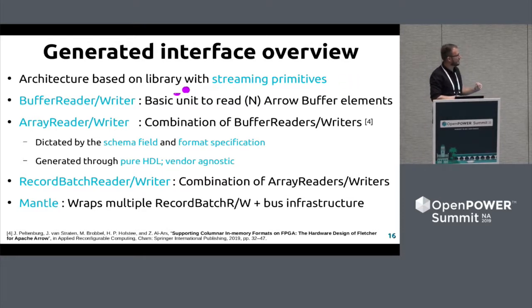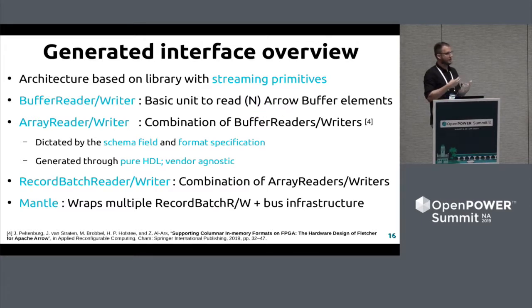Less fast, I'm going to go over all the other components in the framework. So we build it up from the ground. We don't use any vendor IP, so we had to do a lot of work. It should be able to run on any FPGA platform, basically. So we based the whole architecture on a pretty extensive library with streaming primitives, and then we use all those primitive components to build up what we call buffer readers and writers to read from the Arrow buffers, or to write to the Arrow buffers.